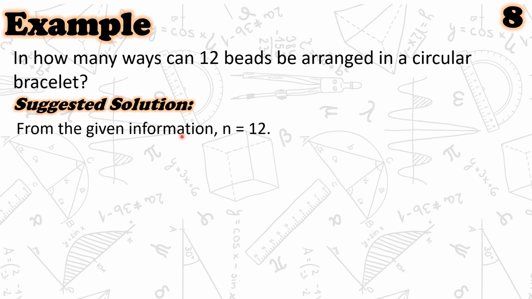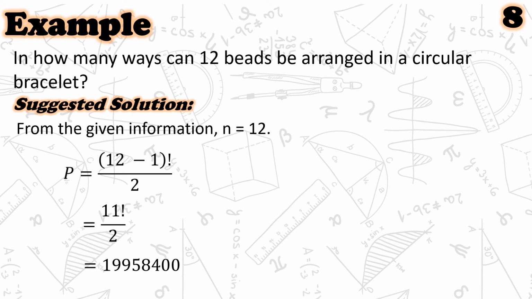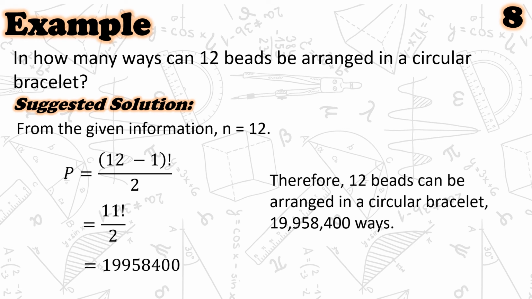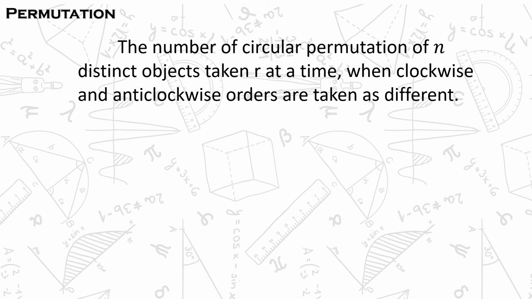And from the given information, n is equal to 12, so we have 12 minus 1 factorial over 2. 12 minus 1 is 11, so we have 11 factorial over 2, and that is equal to 19,958,400 ways. 12 beads can be arranged in a circular bracelet 19,958,400 different ways.